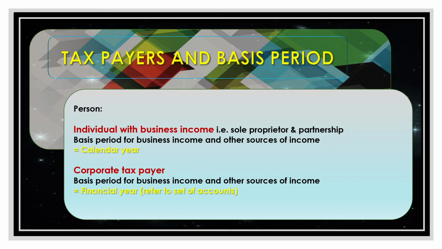So going back to this particular information, category of the taxpayer and basis period. For an individual who has business income, which is normally when they have a sole proprietor enterprise or a partnership, whatever business income they receive from the enterprise, sole proprietor business or partnership will be assessed on an individual basis, which you will see next week when we learn about business income and business expenses.